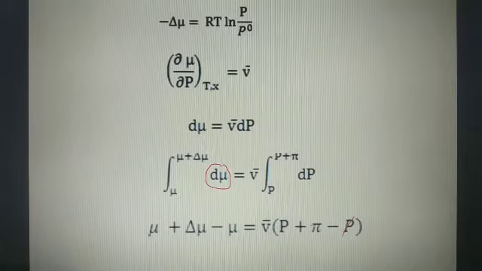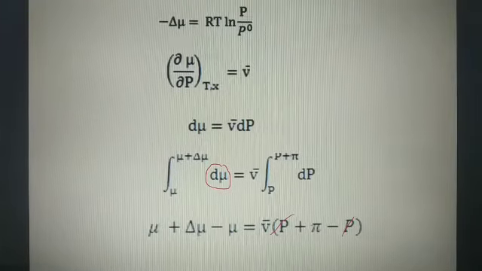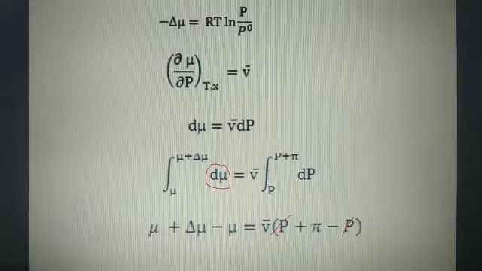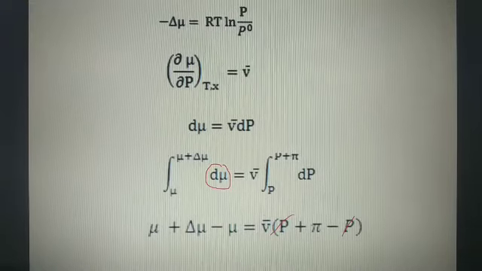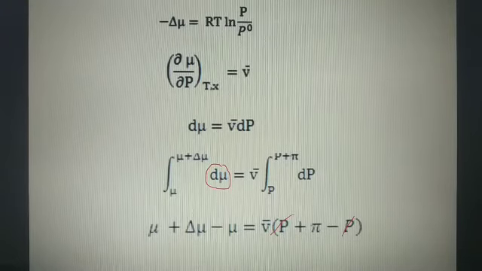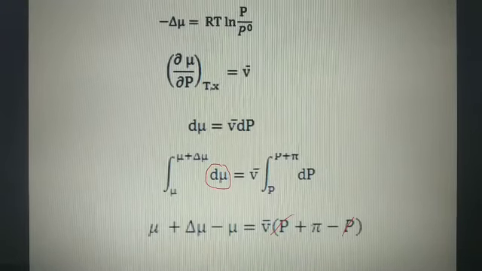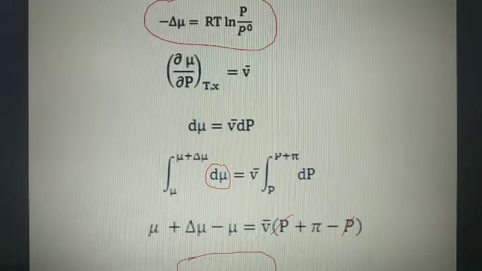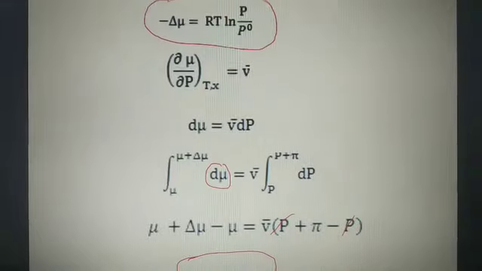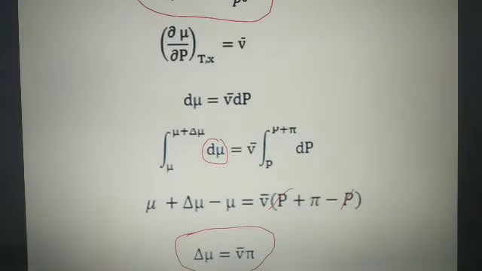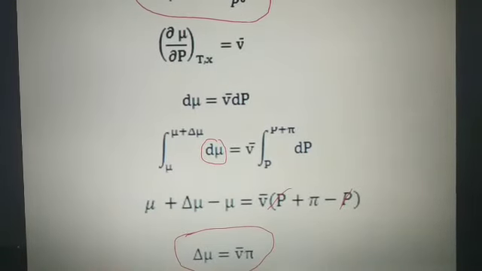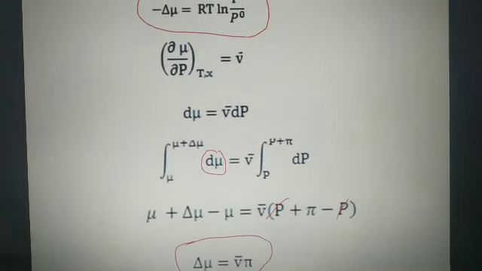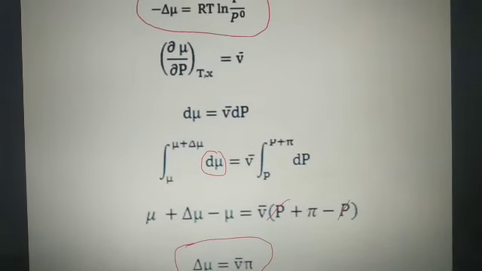So p goes with p, we are left with pi here. So further, if modified, delta mu is equal to V bar into pi. Here we also have the value of delta mu. So both these equations can be correlated with each other, because both equations contain the delta mu term, so both can be correlated.